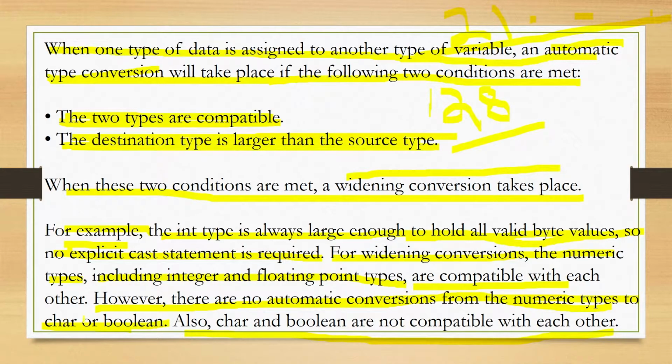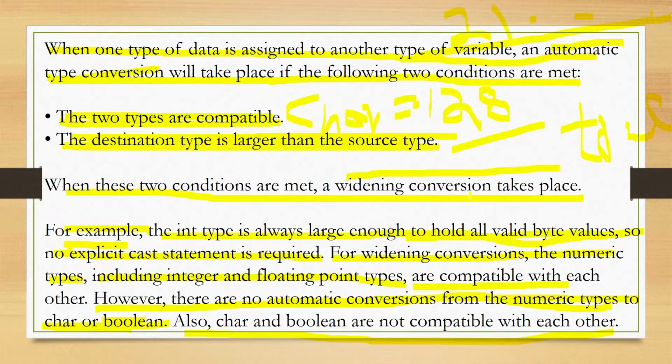So if we are trying to store a numeric value, suppose this 128, inside a char variable, then we will get an error because these two types are not compatible, and I have explained that compatibility just now. Also boolean values are true and false, and the memory representation of boolean values is completely different from what we know of int and char.